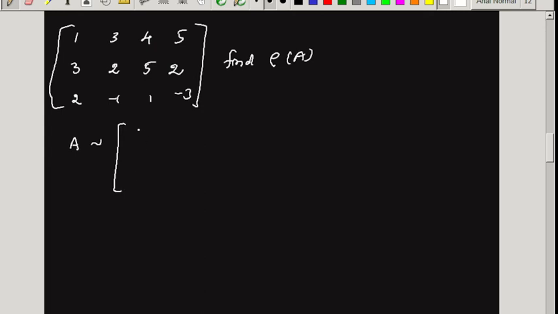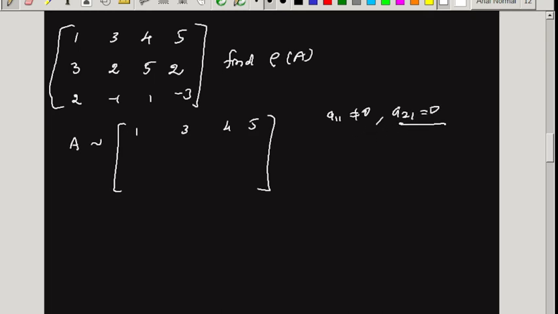So first we write the first row as it is, 1, 3, 4, 5. Here this one we should make 0. Here A11 is not equal to 0. First we observe this and try to make A21 equal to 0.